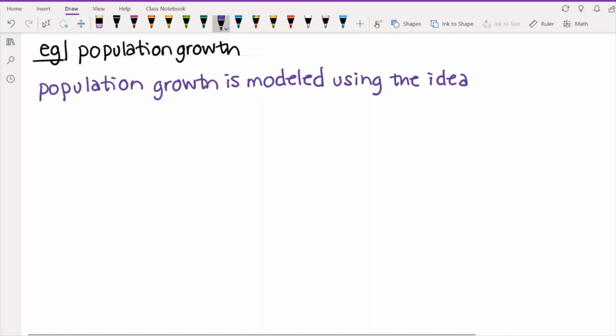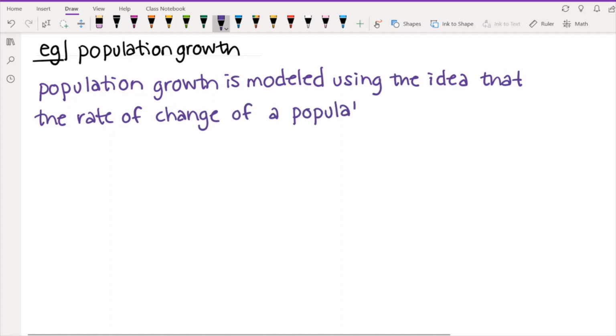So population growth is modeled using the idea that the rate of change of a population is directly proportional to the population, to how big that population is.